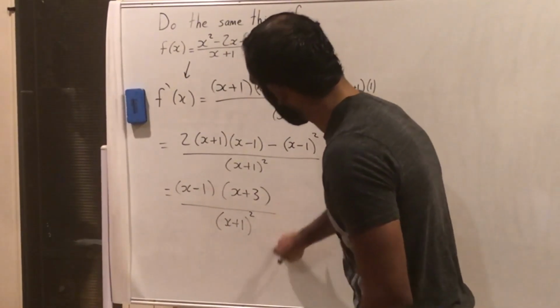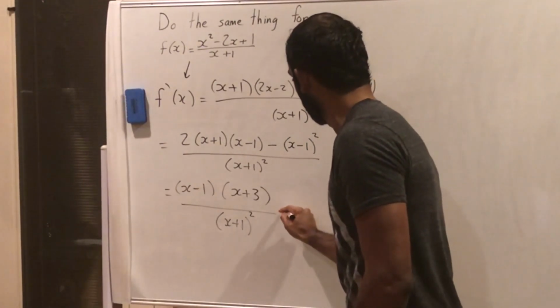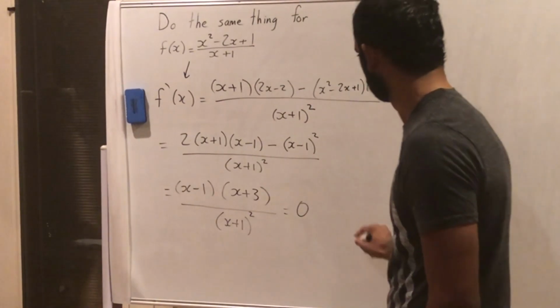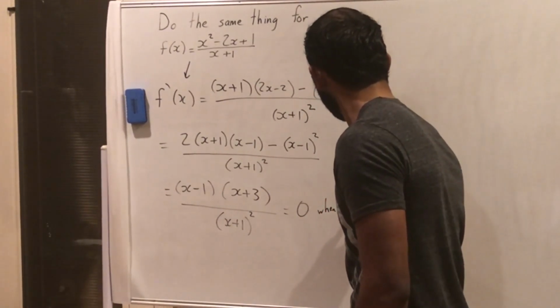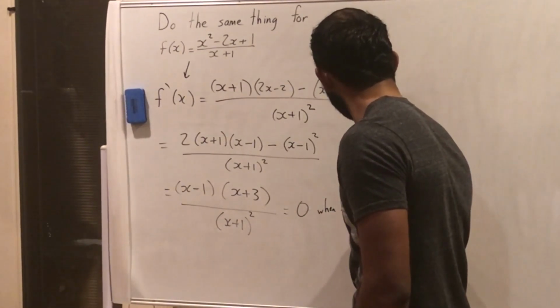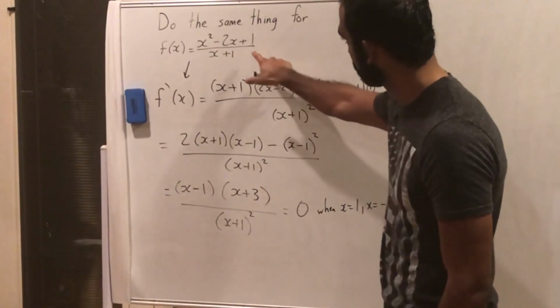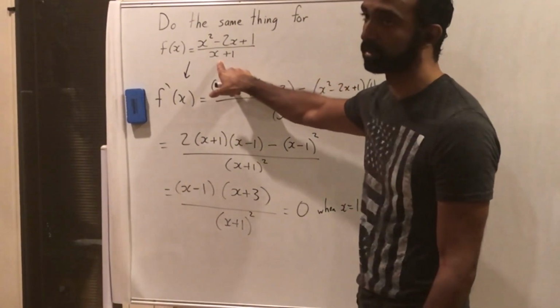I think this is a fine time to test for critical numbers, don't you? When is this thing equal to 0? When x is 1 and negative 3. Now again, key thing: are these defined in the original? Yes, they don't make the denominator 0.